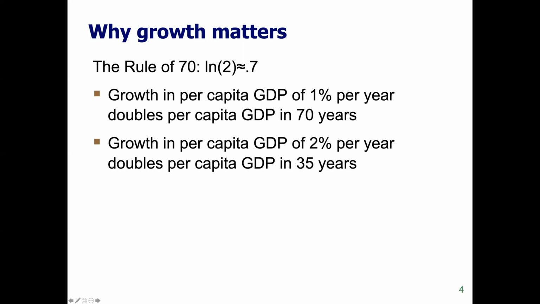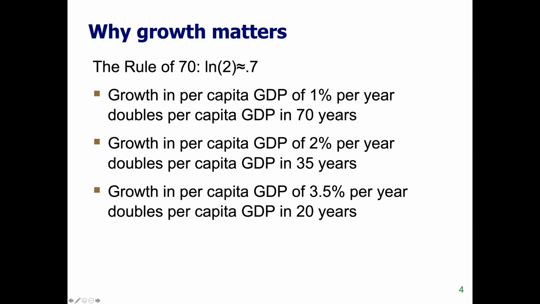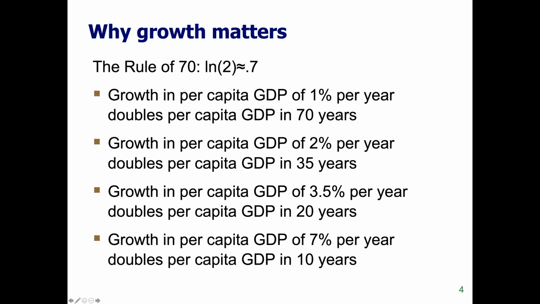Growth of 2% per year doubles per capita GDP in 35 years. Growth of 3.5% per year doubles it in 20 years. And if you can grow 7% per year, as China did for quite a while, you can double per capita GDP in 10 years.